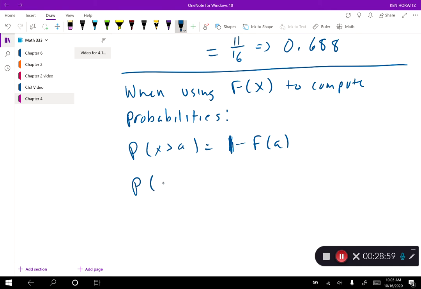And the probability that A is less than or equal to X, which is less than or equal to B, as long as we have the CDF, we want to do big F of B minus big F of A. Hopefully these two ideas will be really helpful as you're looking to do some problems.